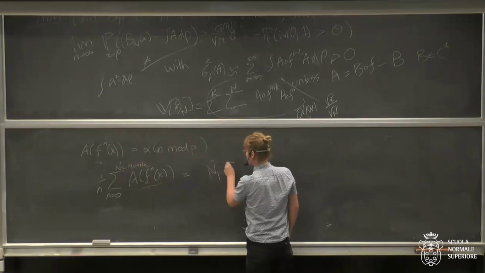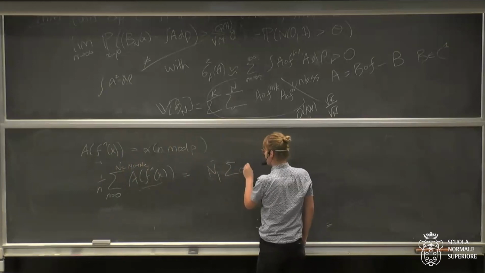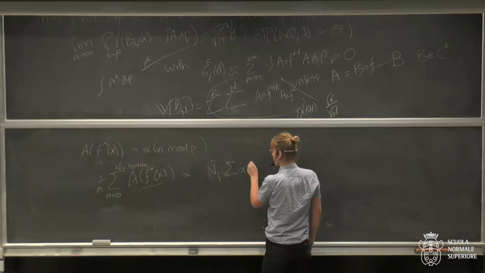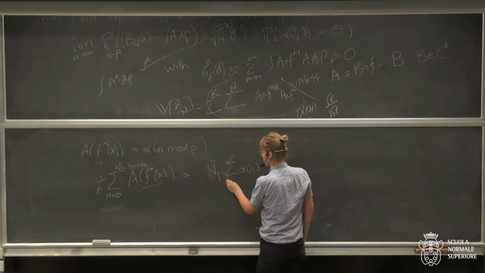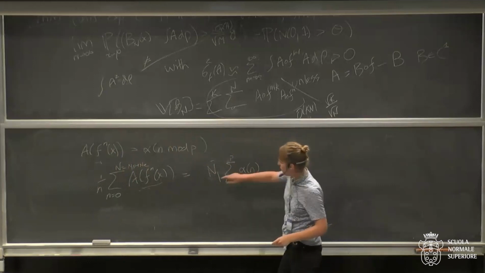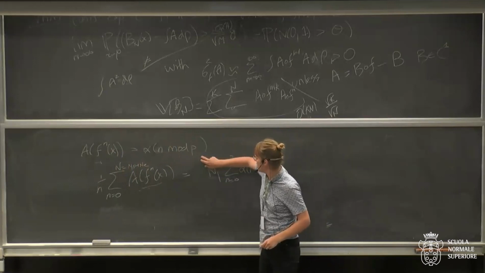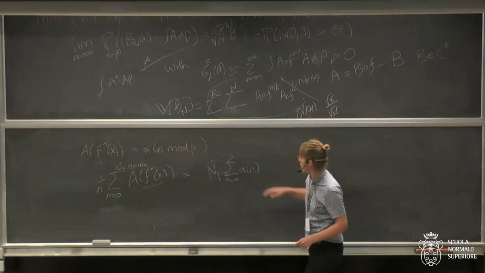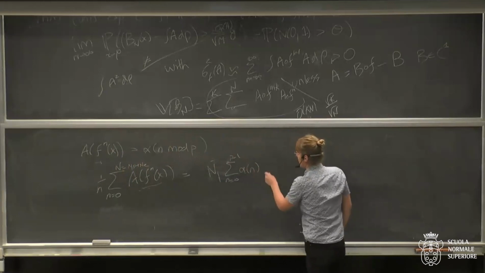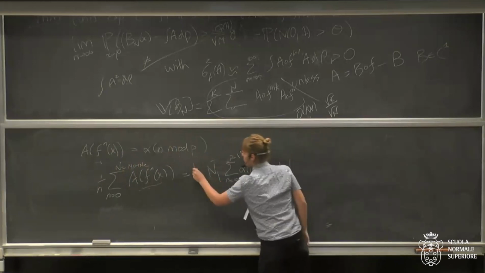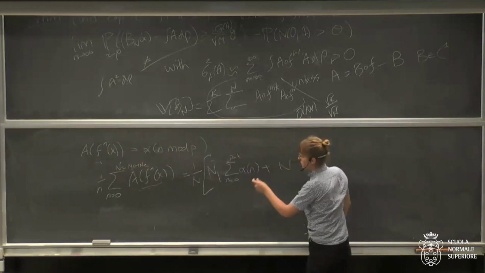you can write it as n1 times the sum of alpha of n up to p, because it's just repeating. You get alpha of 0, alpha of 1, alpha of 2, up to alpha of p minus 1, and then you go back to alpha of 0. And then you have your remainder here.